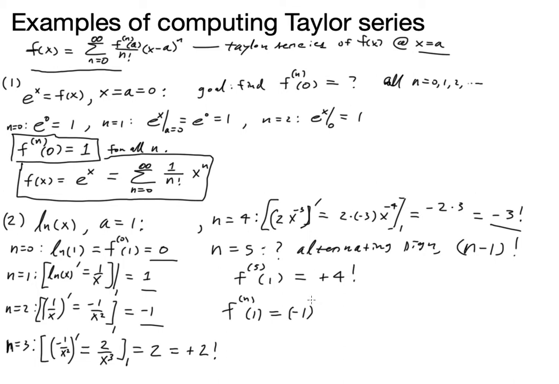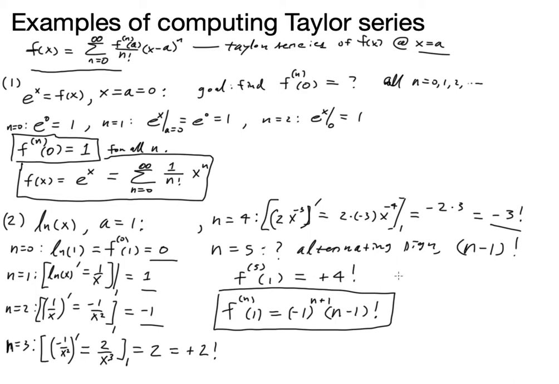And I see if I have an n plus 1, that should do it, because I want odd powers to be positive and even powers to be negative. And then I have an n minus 1 factorial, and that delivers us our pattern.